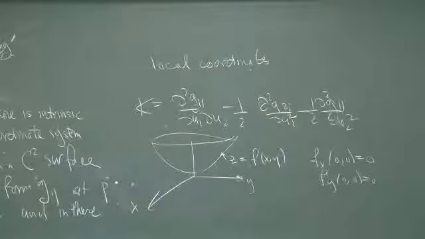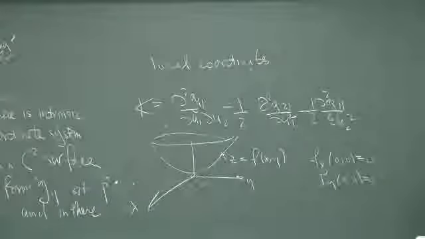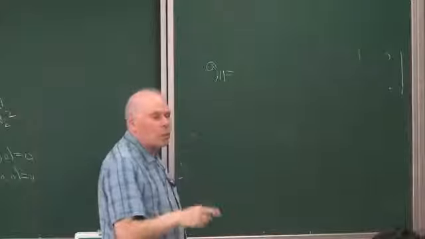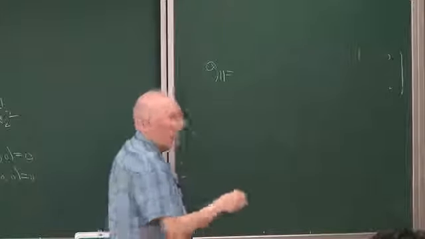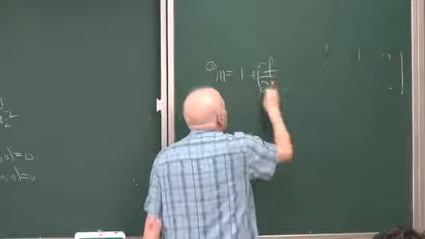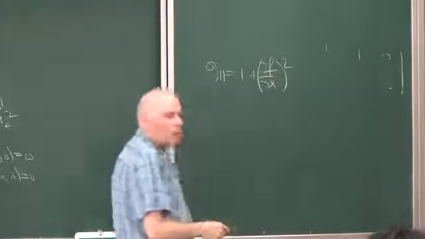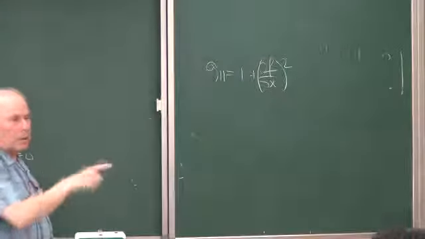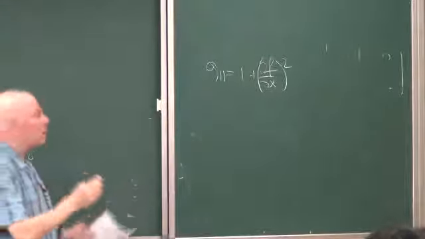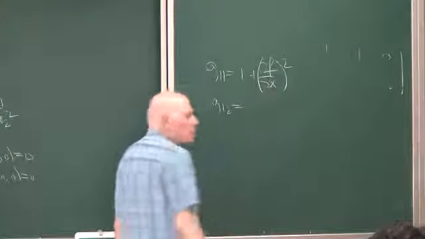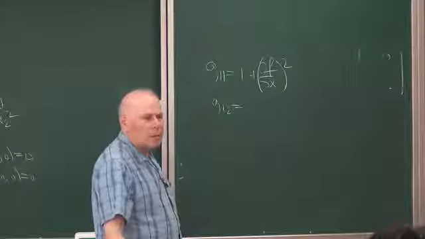Okay. So what was the metric in that case? We know the metric. We did it before. What was G11? We had to take the first derivative, so the metric was 1 plus f sub x squared. That's how we found the metric on the surface for all points. Okay? And we had G12. What was G12? It was f sub x, f sub y.